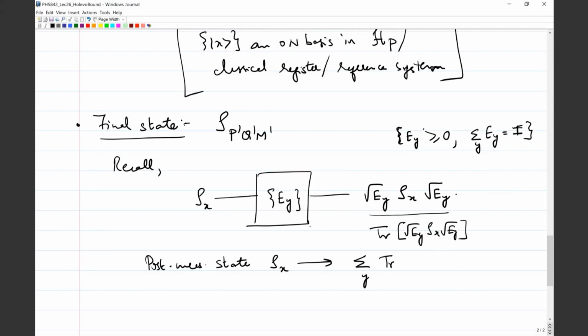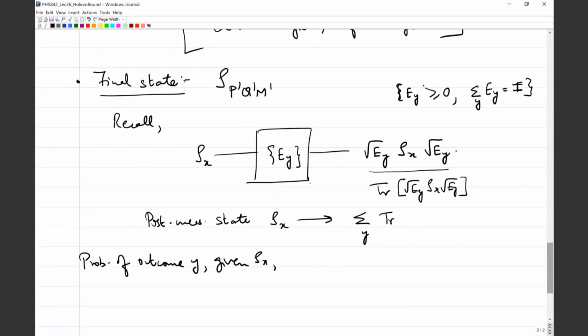So notice that the probability of outcome y given rho x, which I wrote down earlier as a conditional probability, is trace of rho x E_y, right? That's what you told me, which is the same as trace of square root E_y rho x square root E_y.